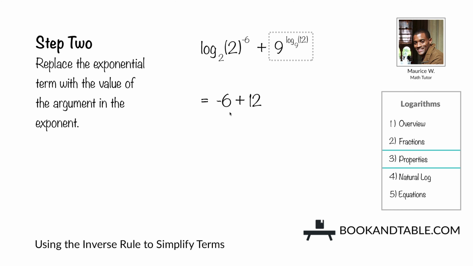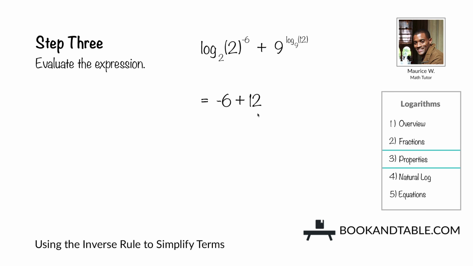So we wind up with -6 plus 12. And once we evaluate this expression, -6 plus 12 is equal to 6. So we find that the log of base 2 of 2 raised to a power of -6 plus 9 raised to a power of a log base 9 of 12 is equal to 6.